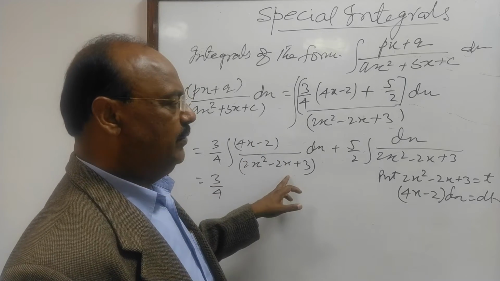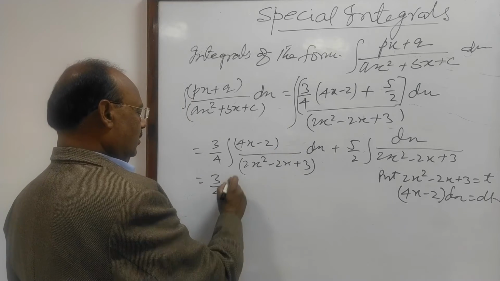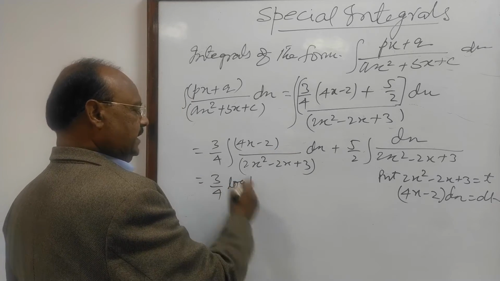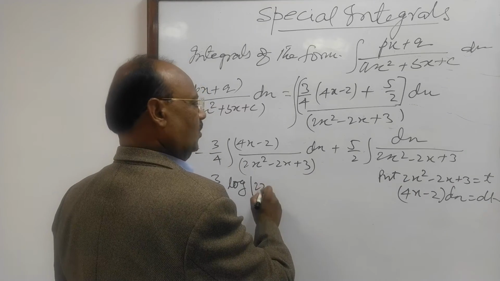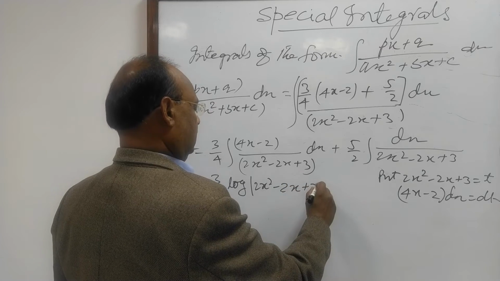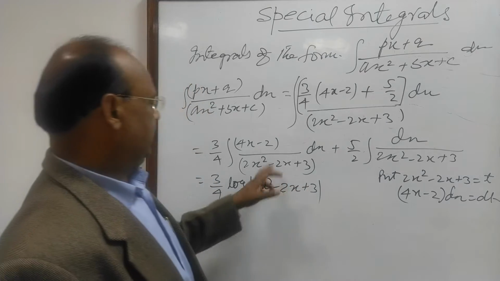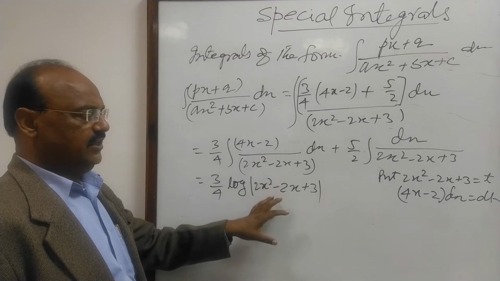So this integral will be dt by t, integral will be log of t, and t is how much? t is 2x square minus 2x plus 3. This is the integral of the first term, the value of this first integrand.